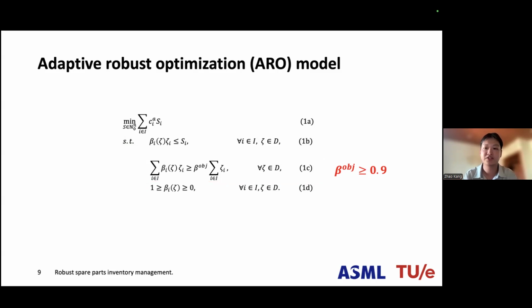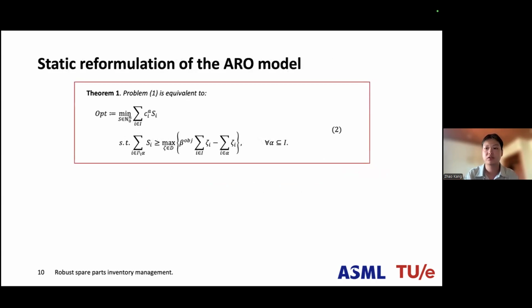You can say for this type of model, usually it is hard to be solved directly because the beta_i is a function of zeta, the demand, and it is also multiplied by the zeta_i. Therefore, in order to solve it, we show that the ARO problem can be reformulated as a deterministic robust counterpart. And now the model can be solved because the constraints here are the typical linear constraints with right-hand side uncertainty.